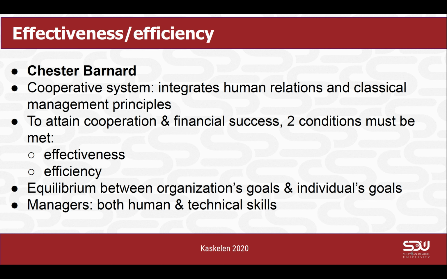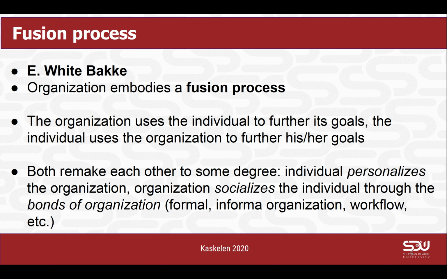And according to Barnard, an equilibrium between organizations' goals and individuals' goals is when organizations can actually operate and survive, not to say thrive, right? So that means that managers must have both human and technical skills in order to lead.